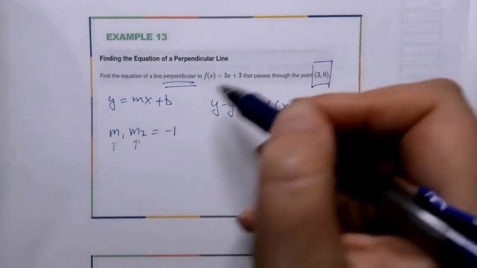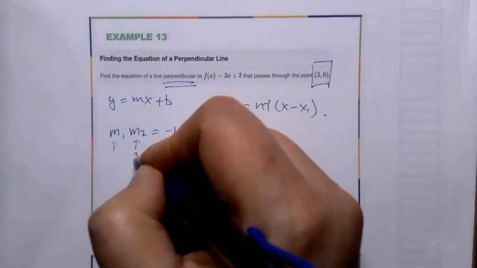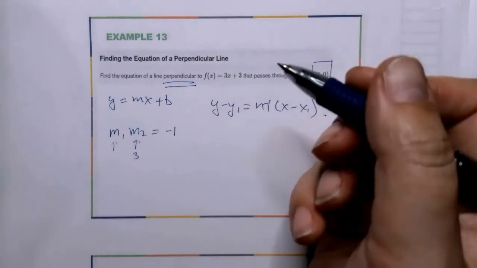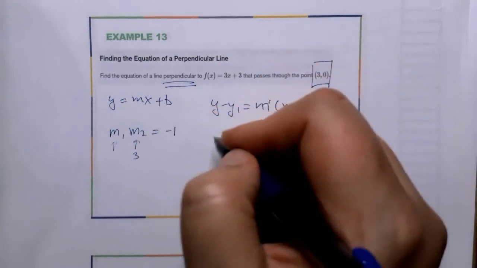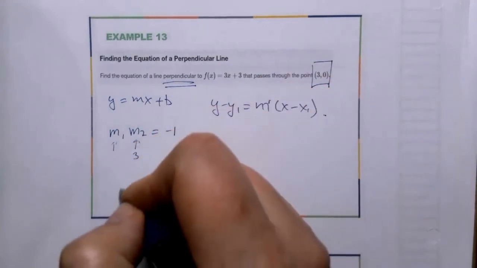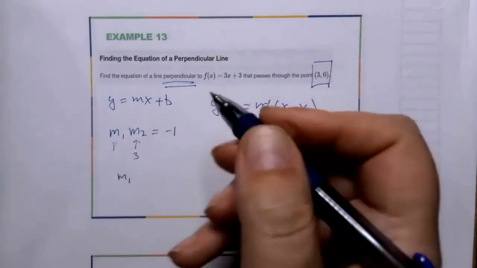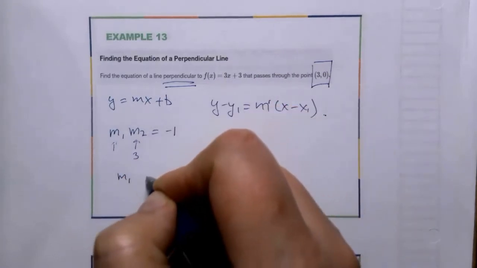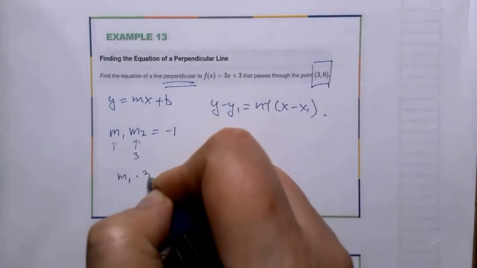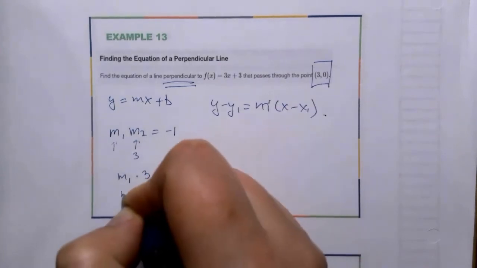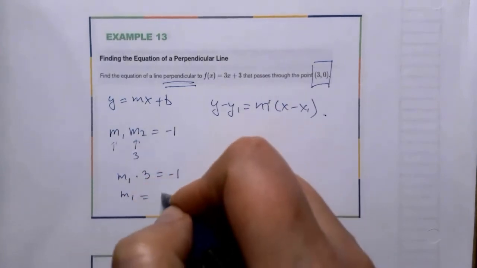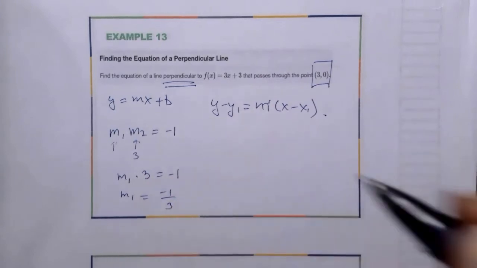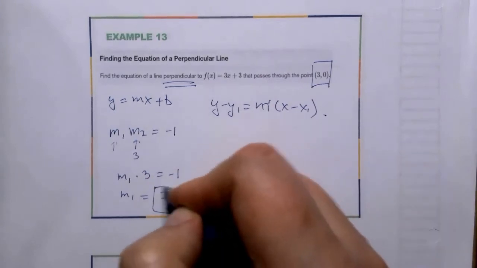This is what I have, right? 3. That's the slope of the perpendicular line. So this gives me M1 times 3 equals -1. So M1 is -1 divided by 3. Okay, so that's my slope.